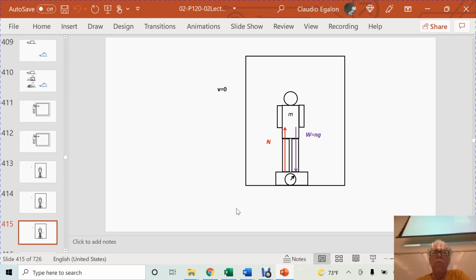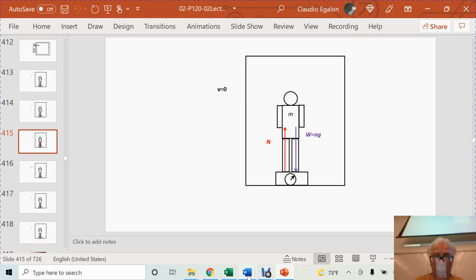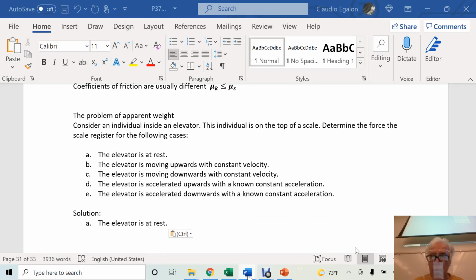The elevator is at rest. Consequently, the net force applied to this guy must be 0, right? So that's kind of straightforward, the first one.